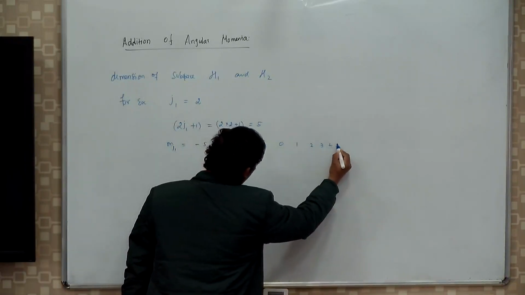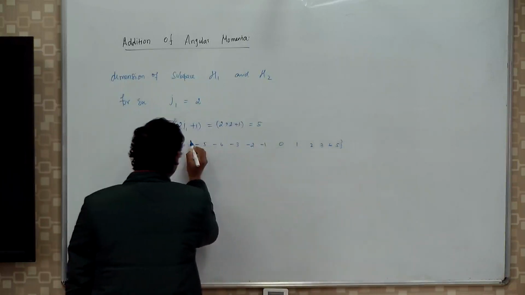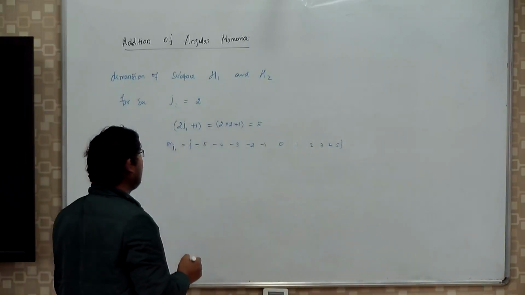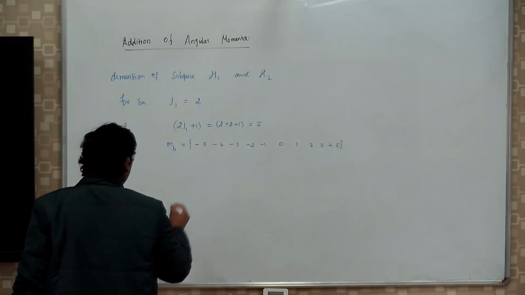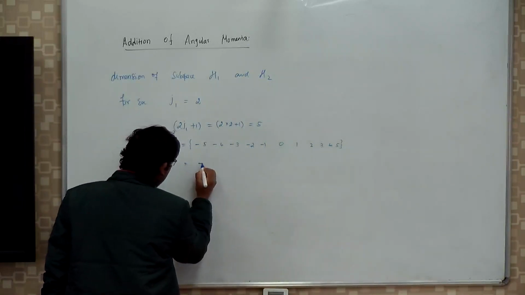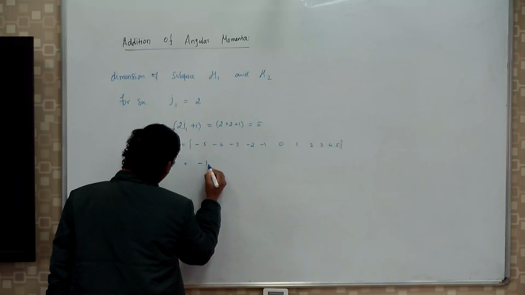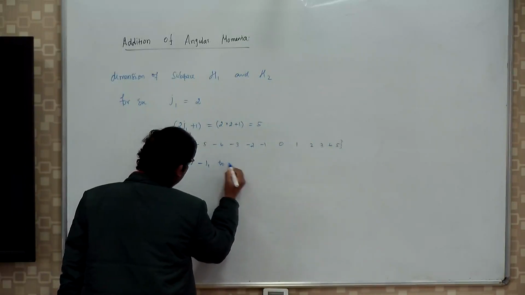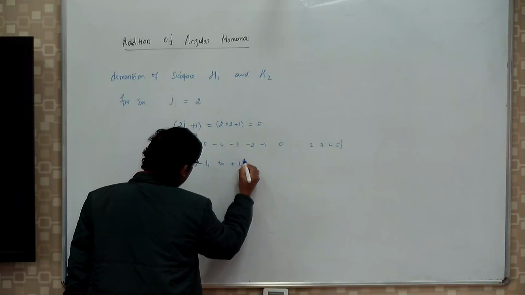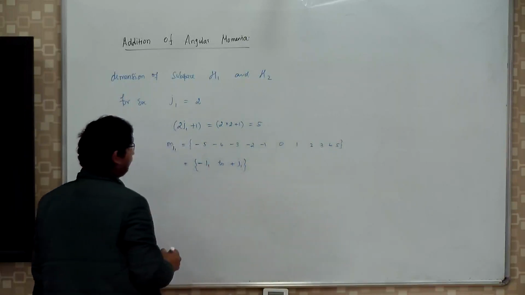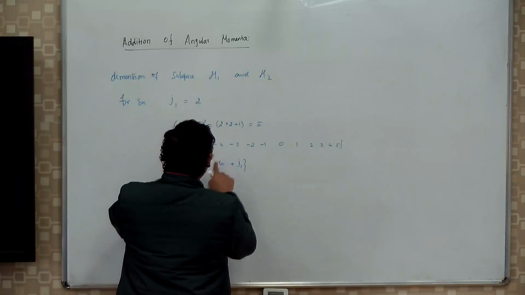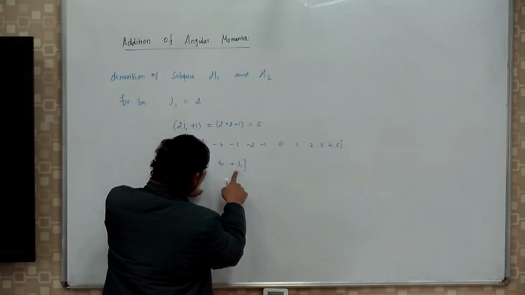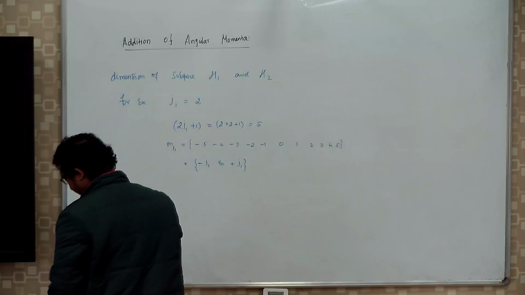This is a complete set; in other words, we can write it from minus J1 to plus J1. The MJ1 value moves from minus J1 to plus J1.